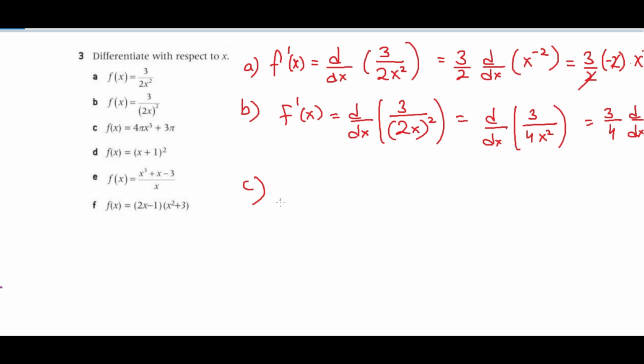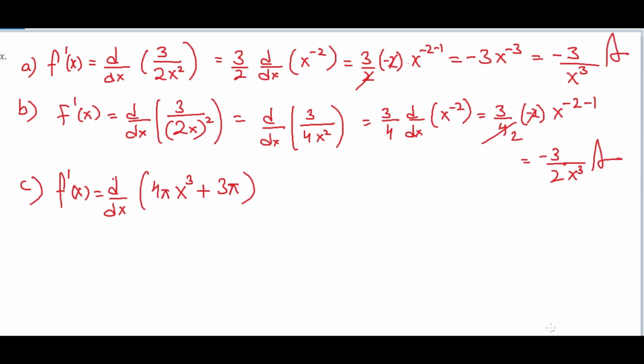Let's proceed with the C. If you find the f dash x, then you need to do the differentiation of the right part also: 4 pi x cube plus 3 pi. See, pi is a number here, like a constant, not a variable. X is the variable. Separate them with the linear property. You get d by dx of 4 pi x cube plus d by dx of 3 pi.